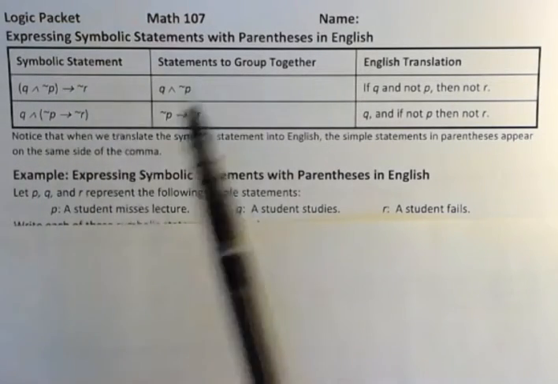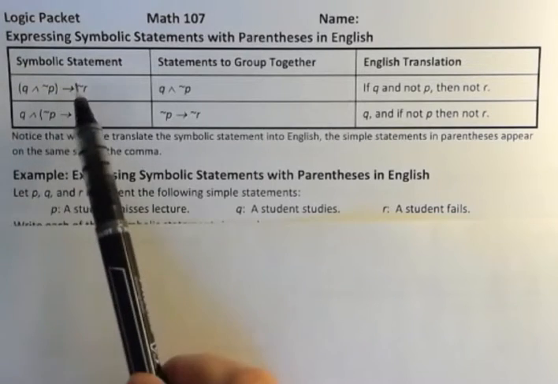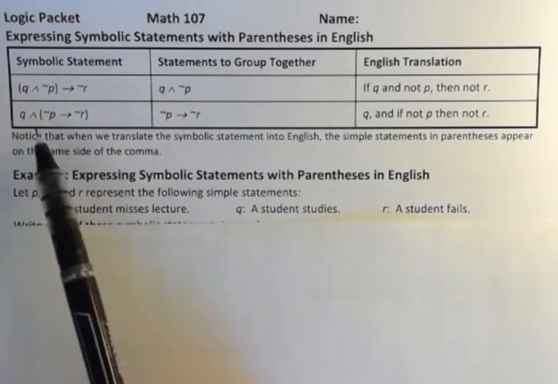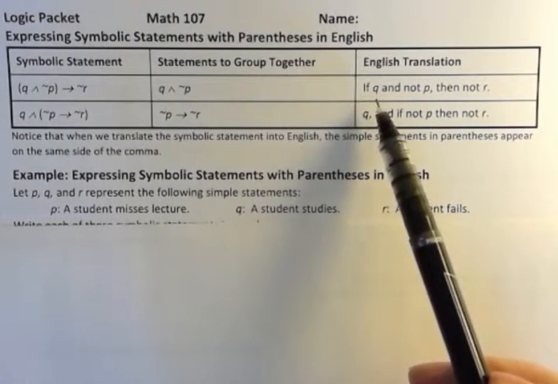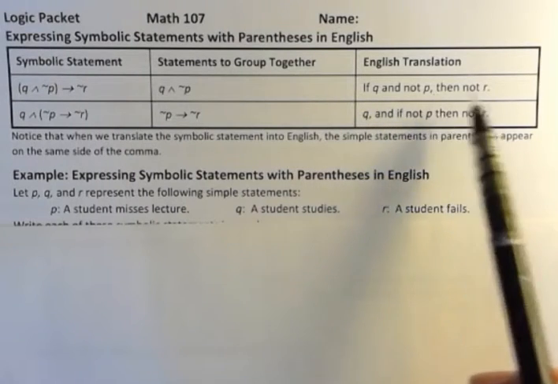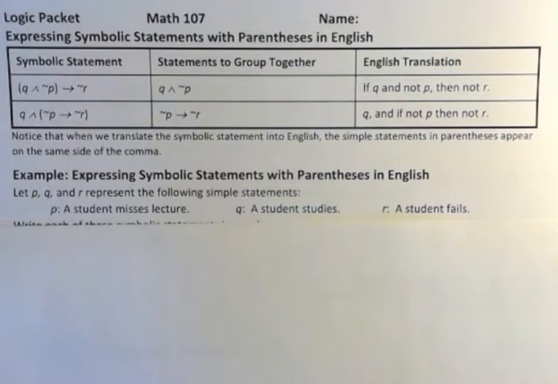So it's important what we group together there, because see how these are the same: Q, negation of P, negation of R, but by changing the symbols, it can change the meaning. This first one again, if Q and not P, then not R. The other, Q, and if not P, then R. So that's a little different.